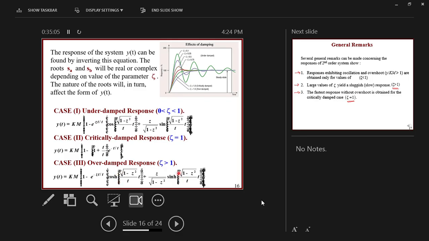These are non-oscillatory functions, and that's why the response or the dynamics will not be oscillatory, but it will be damped. Damped means that the response is slowed down. So this response is slower than this response. And that's why they call it over-damped response.